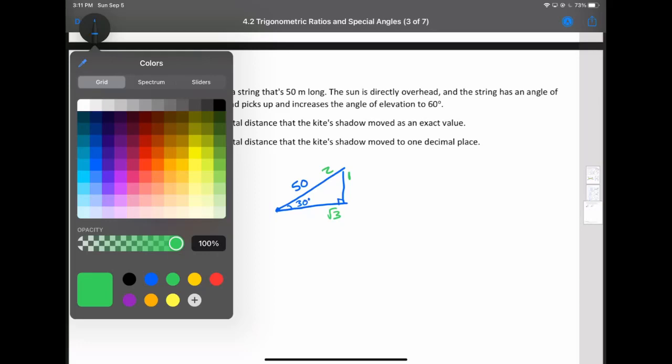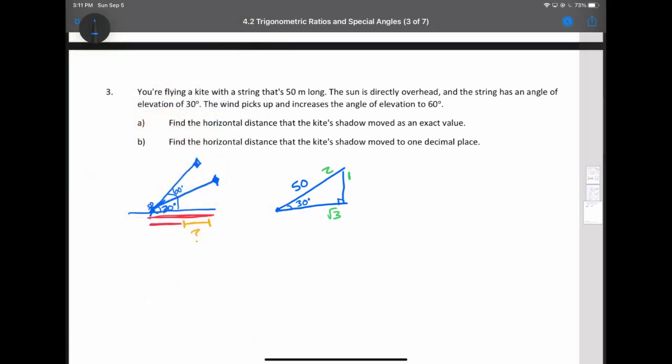So that's the ratio. What are the actual side lengths? Well, one side length is 50, we know that. Well, that's 25 times bigger than 2. So this must be 25 times bigger than 1, and this must be 25 times bigger than root 3. So that's this length. This distance here is 25 root 3.